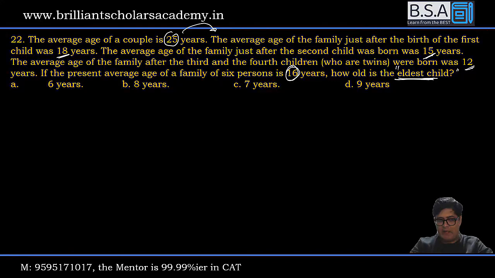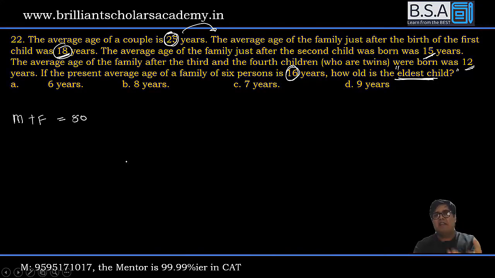You think in this manner. Mother and father, they have an average age of 25. That means today, the addition of their ages must be 50. When the child is born, there are three people.